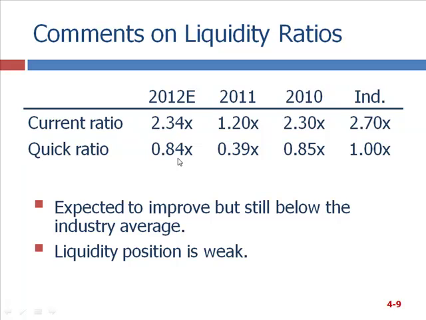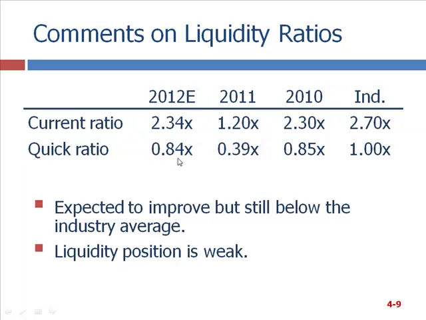It might need some additional current assets or perhaps fewer current liabilities in order to feel just a little bit safer. No major alarm bells going off here. This isn't a red flag, it's more like a yellow flag, but this is something that DeLeon might want to consider shoring up to give itself the best possible chance of paying its bills in the short run.